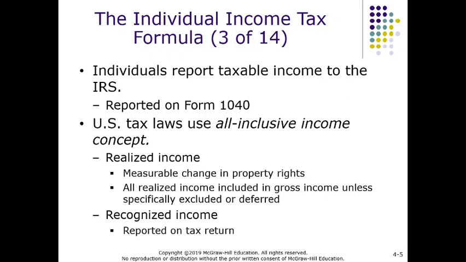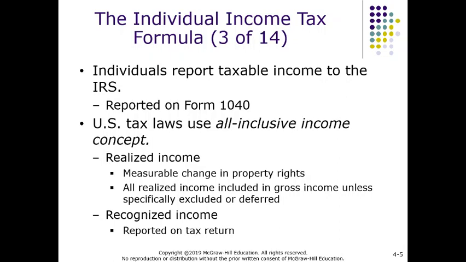So for instance, you agree with your employer to provide services in return for a salary. That's a measurable change in property rights. You sell your car and receive cash. That's a measurable change in property rights.